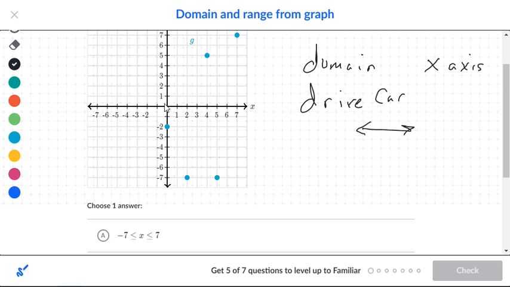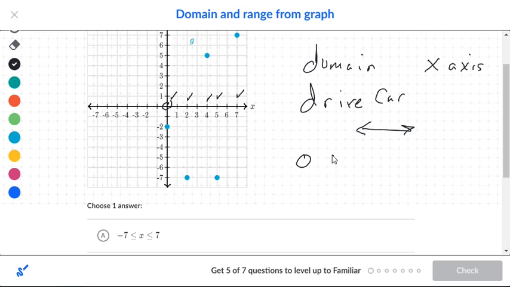So when we look at the x, we have a point in the 0 column.